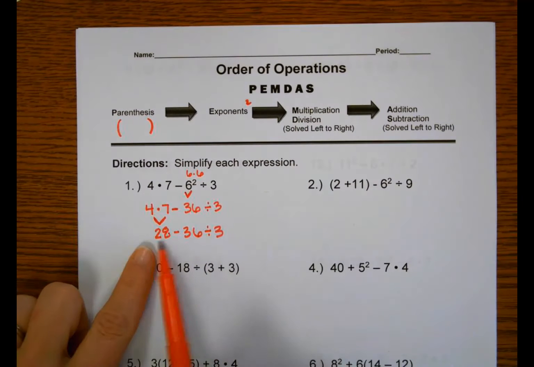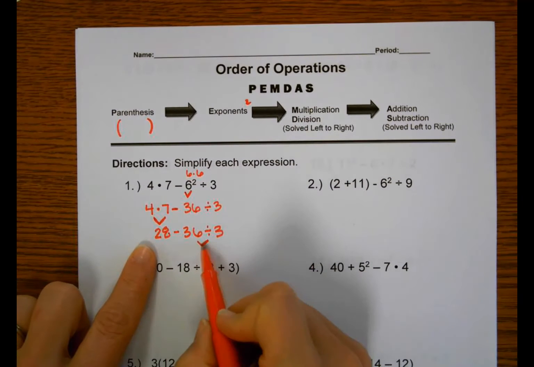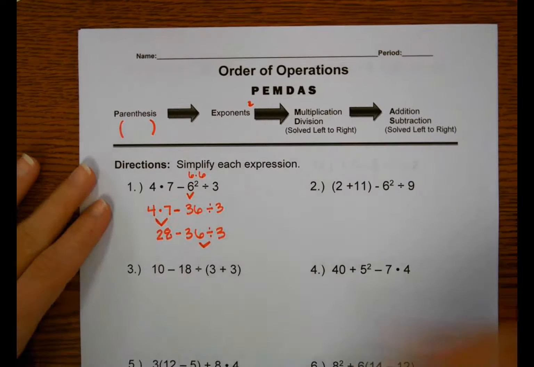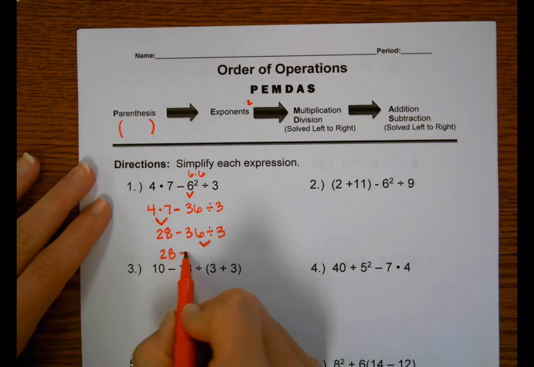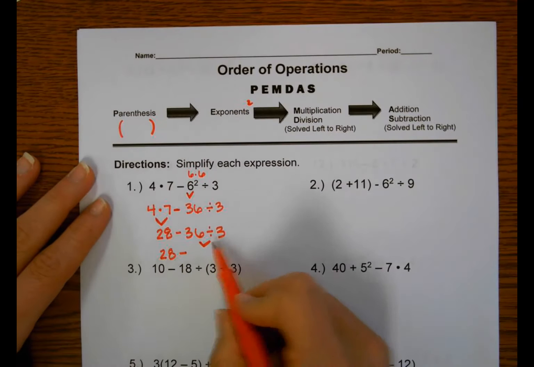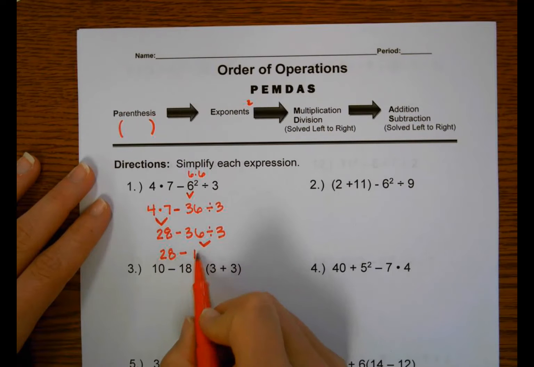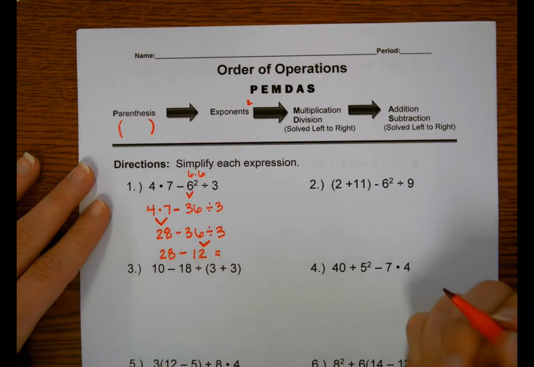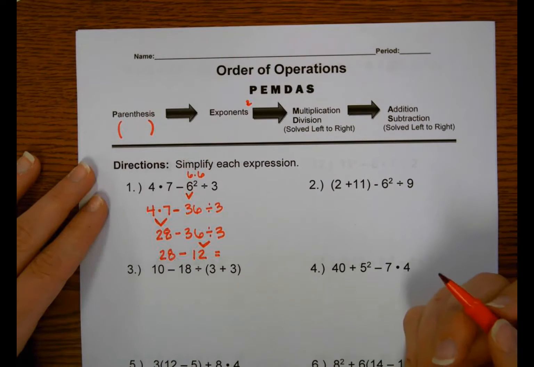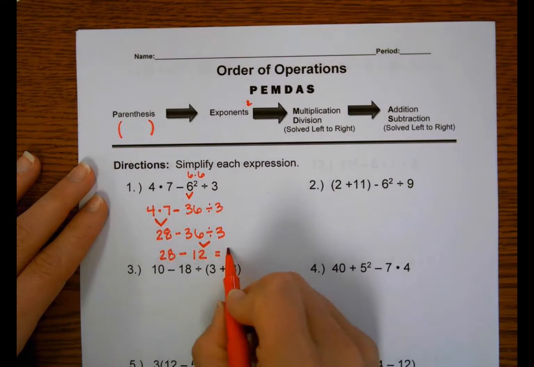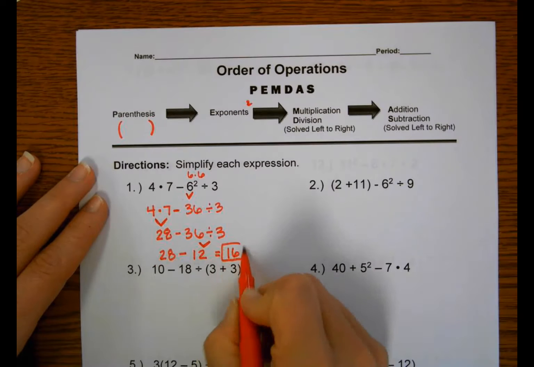When I go back looking left to right, I see that there's still some division that I need to do. So I'm going to bring down this 28 minus, and then 36 divided by 3 would give me 12. So then 28 minus 12 is my last step, and I get 16 as my answer.